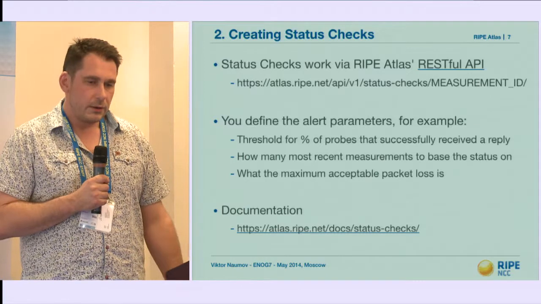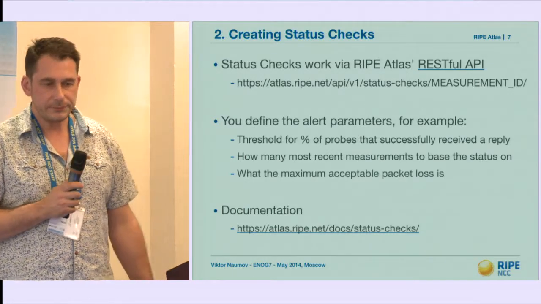For example, ping costs 10 credits, traceroutes cost you 20, etc. And it depends on the frequency, and it depends on the number of probes. The credits could be earned when you host a probe, if you are a RIPE NCC member, or if you sponsor a large number of probes.